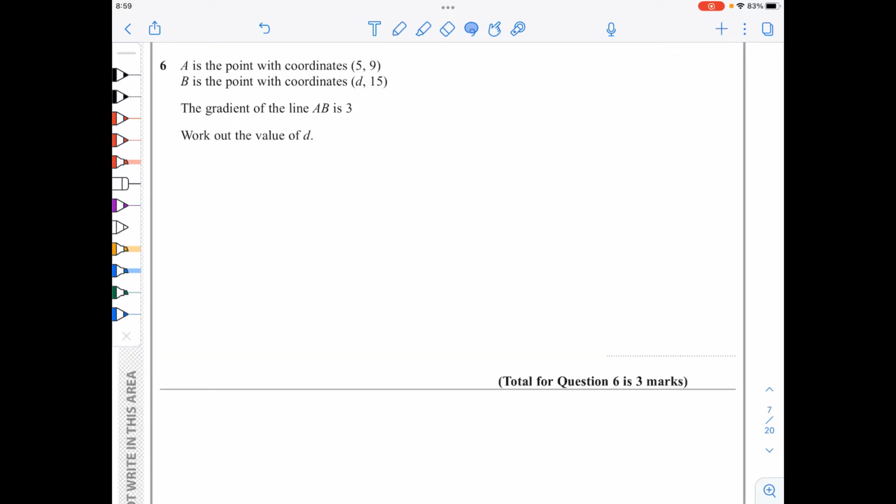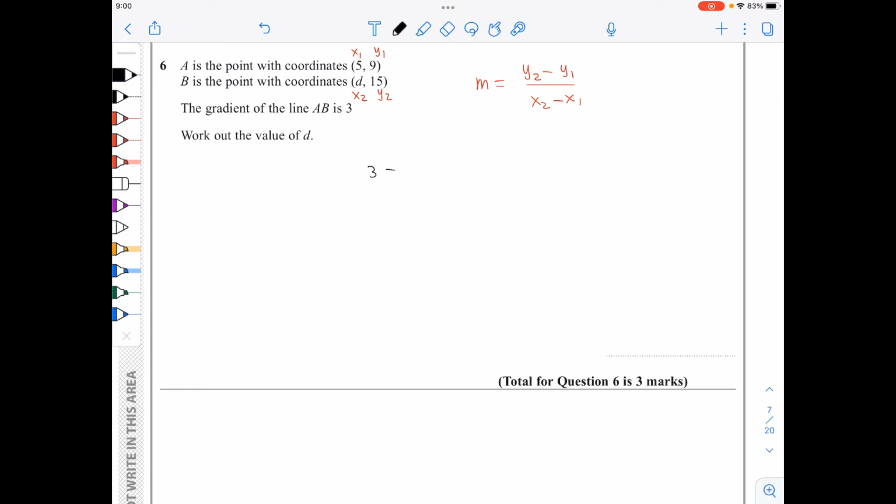In question 6, A is the point with coordinates 5, 9, B is the point with coordinates d, 15. We know that the gradient is 3 and we need to work out the value of d. So let's start by reminding ourselves that the gradient is given by y2 minus y1 over x2 minus x1, where x1, y1 and x2, y2 are the 2 points through which the line passes.